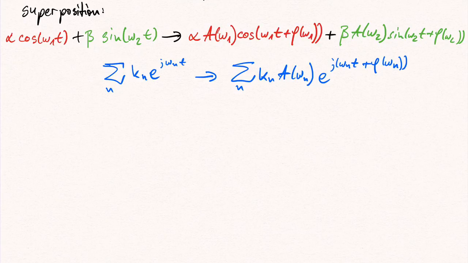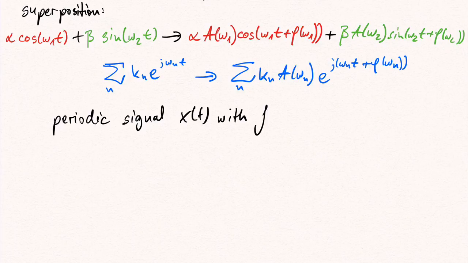What the continuous time Fourier series allows us is to basically apply the same trick to any periodic signal x of t. So let's assume that we have a periodic signal x of t with fundamental frequency omega 0.